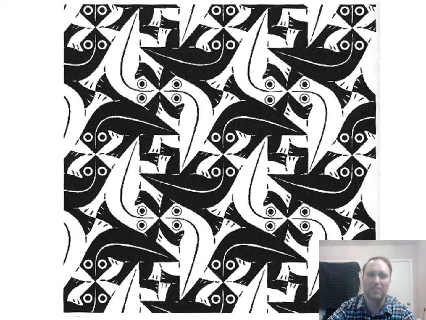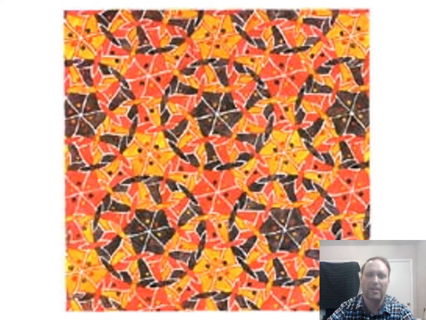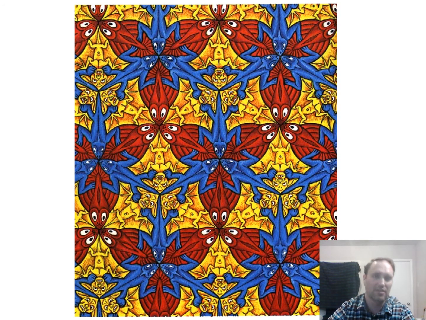So here's one example using just two colors of the same shape. Here's another where we have some more colors. And then here's another, again, three different colors and shapes. But again, if you just imagine this repeating, sometimes in 2 dimensions and other times in 3 dimensions.